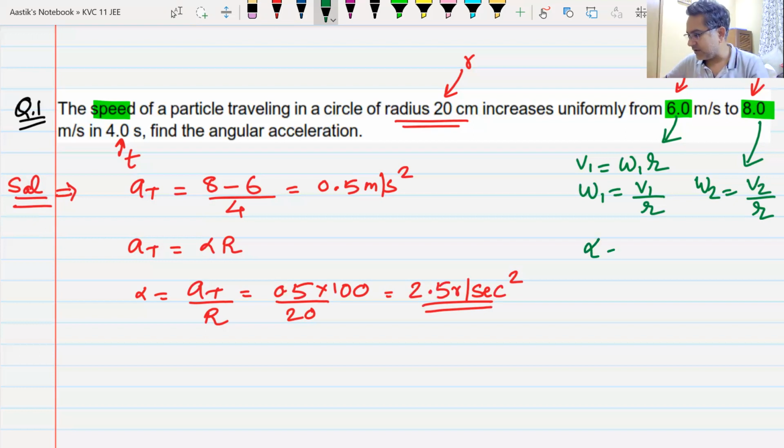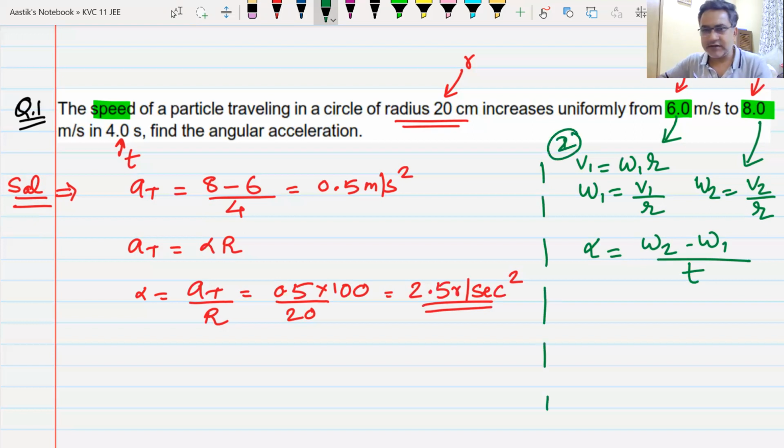Then you can calculate alpha as omega 2 minus omega 1 by t. Even if you do it in this way number 2, you will end up with the same answer. It will be 2.5 radians per second square. Do we understand this?